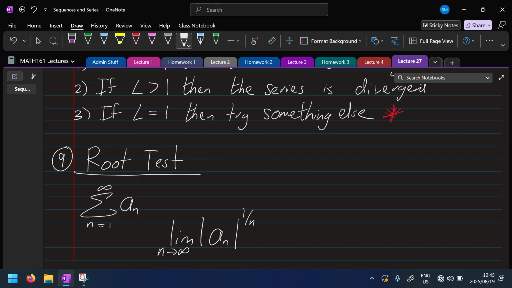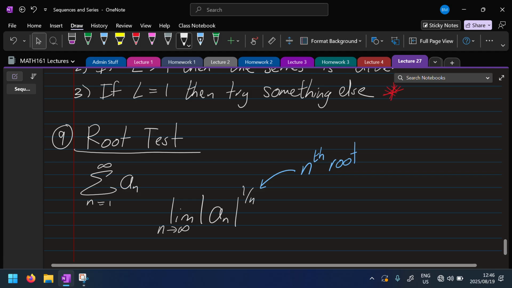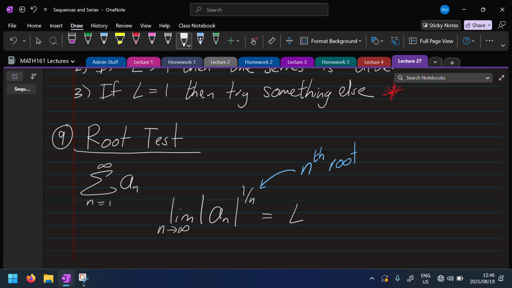So here we take the nth root. Something to the half is a square root, something to the third is a cube root. This is the nth root. Sometimes you'll see this as the nth root test, but it's the same thing. So we calculate this and we end up with L.